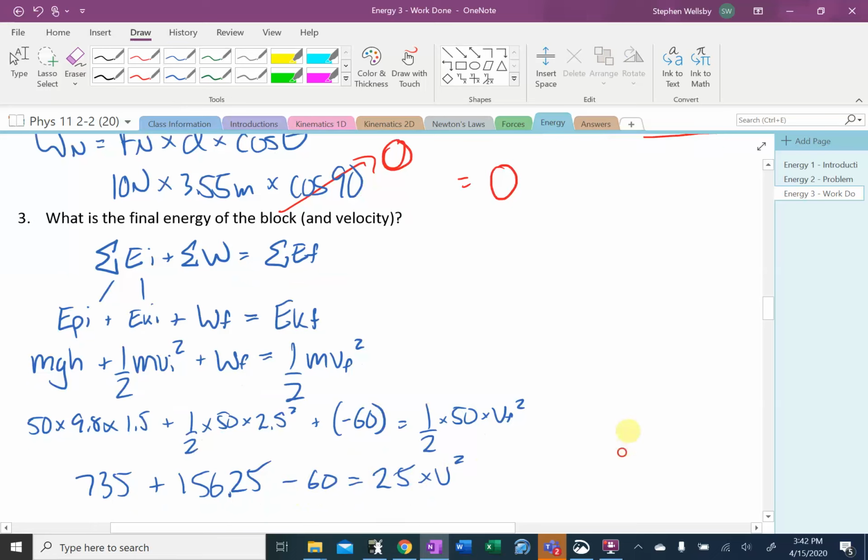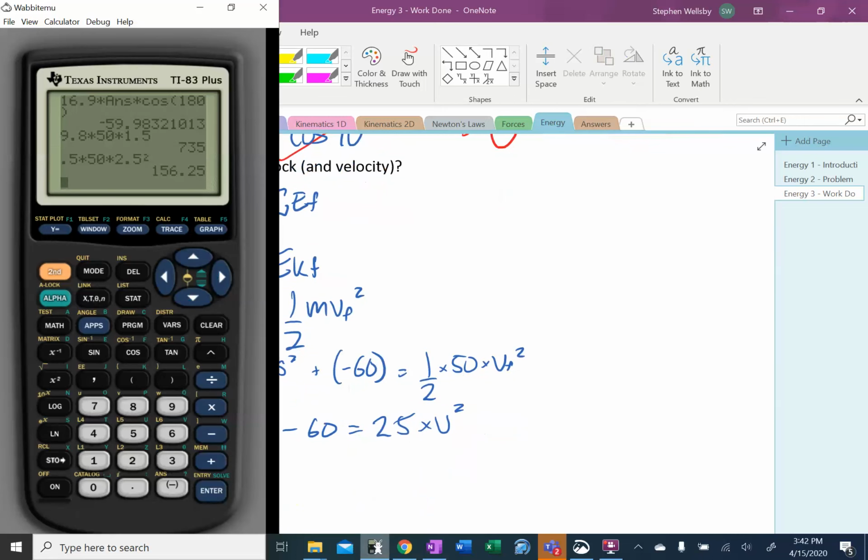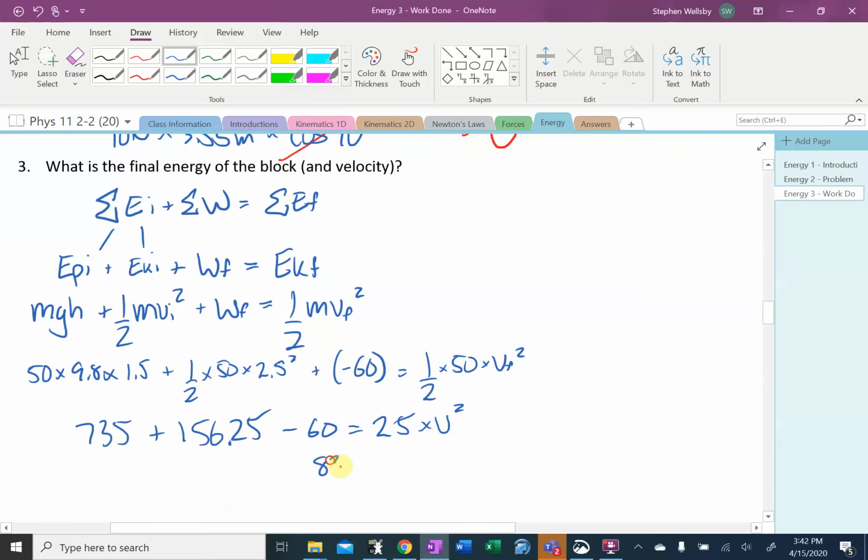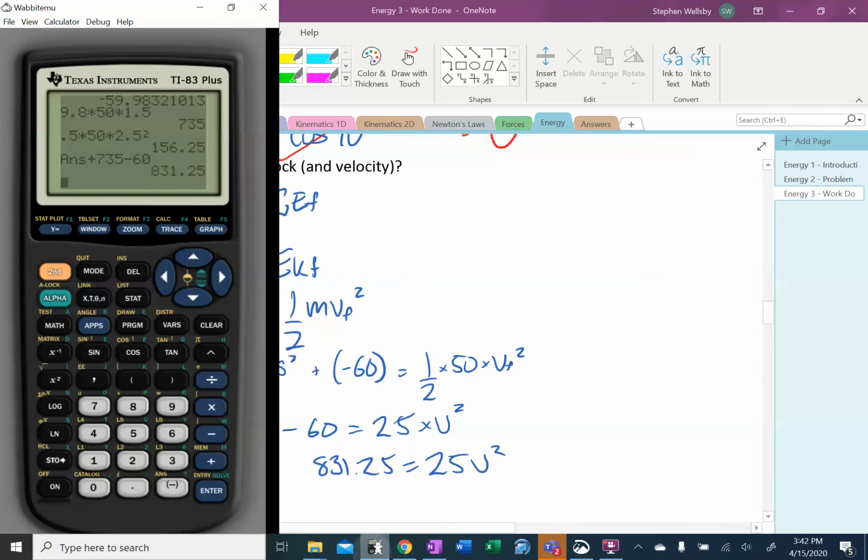Okay, so let's add this all together. 735 plus 156.25 minus the 60. So that's 831.25 equals 25 v squared. I'm going to divide both sides by 25.